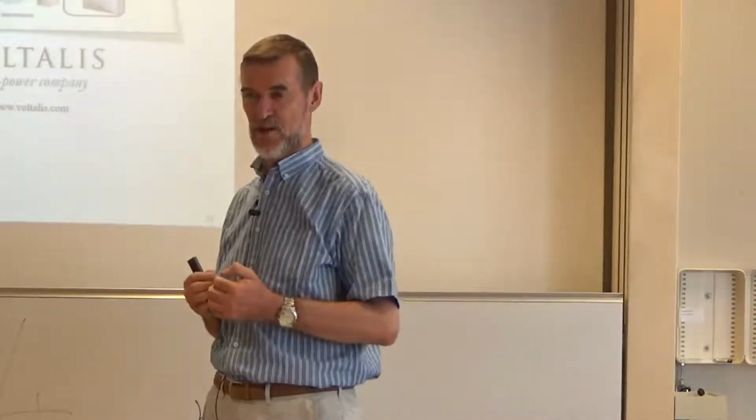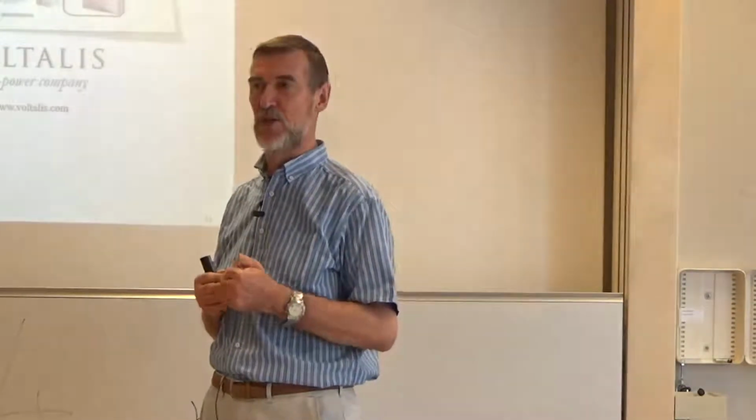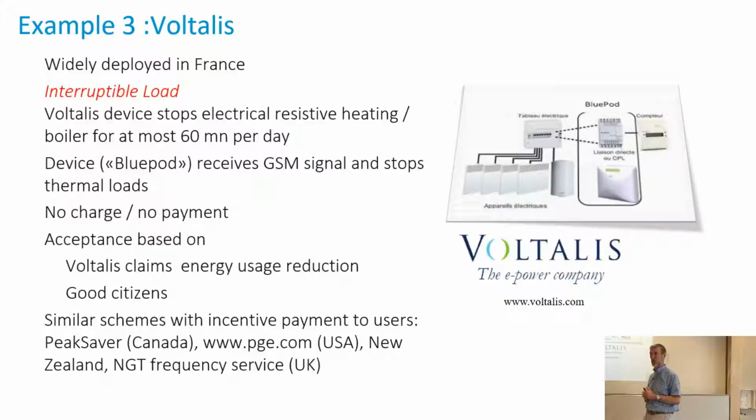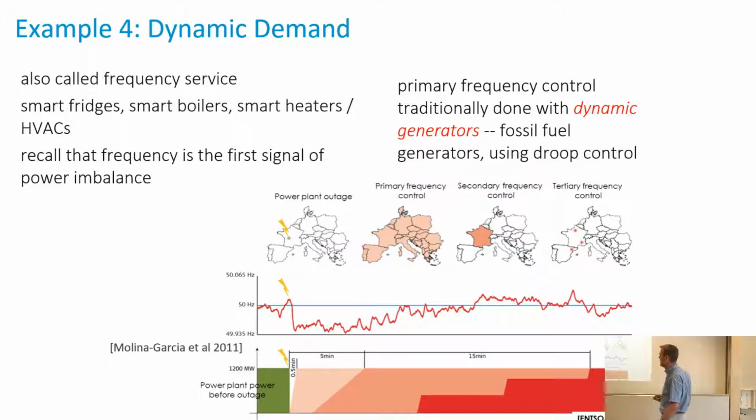Now this may be reduced, and the reduction means a loss of revenue for the generator companies. So there are tricky issues on where does the money go. So typically in France, for example, the court said that Voltalis has to share its revenue with the generator companies. Nonetheless, it's a useful system to avoid, for example, starting a polluting peak power device here.